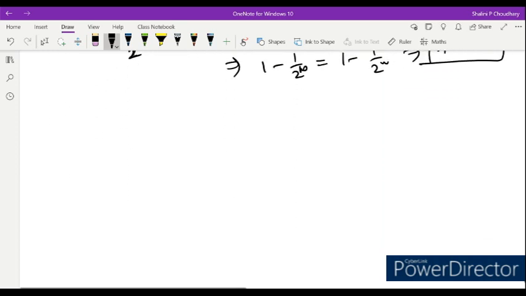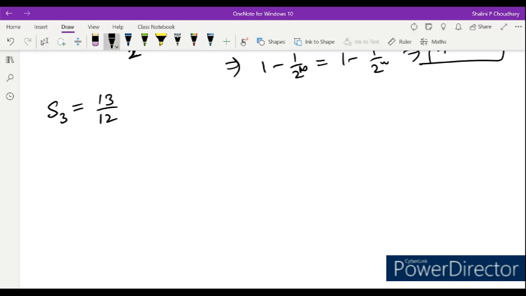Okay, one more question we will do now. The sum of the first 3 terms of a GP, S3, is given by 13 upon 12, and their product is -1. For our convenience we'll take 3 terms.